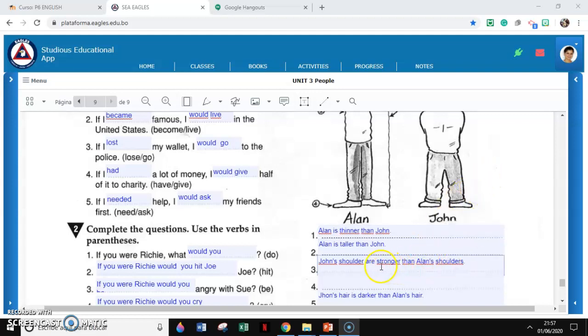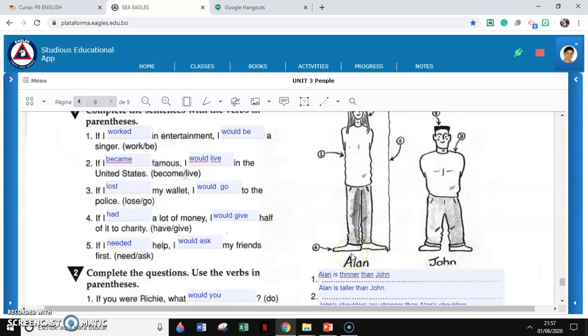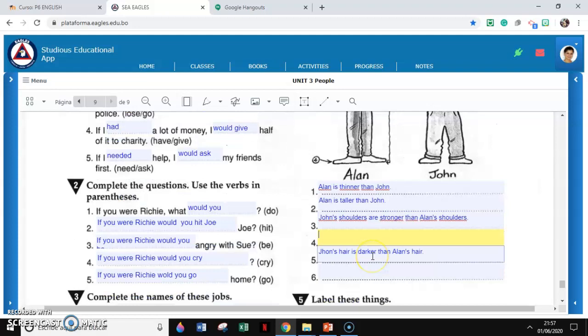So remember you need to use are because we are talking about shoulders. And you and I and everyone has 2 shoulders, right? Number 4, let's have a look at number 4 very quick. Feet. Look at Alan's feet. Are they bigger than John's? Yes, they are.